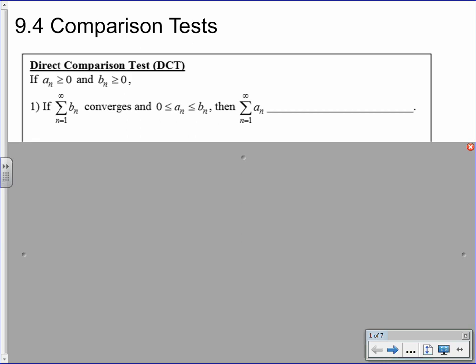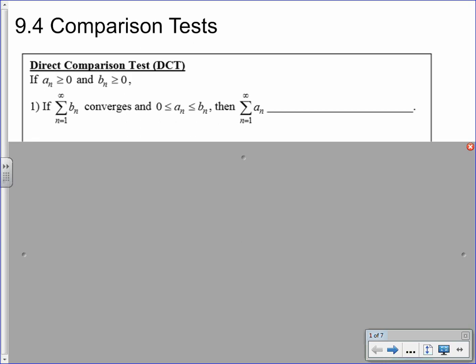So here we go. I have two series where both sequences are positive. Okay? So this one converges right here, and the one that converges is bigger than this one. What must be true about the series of A's?